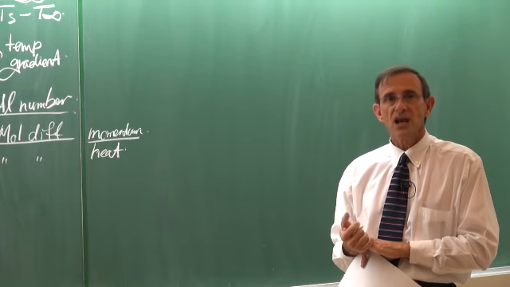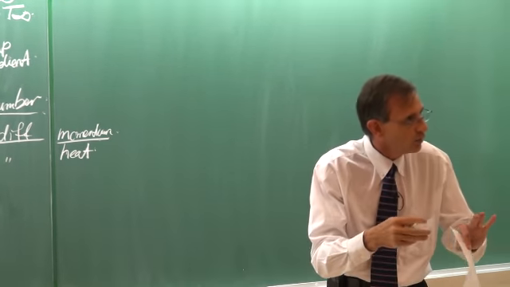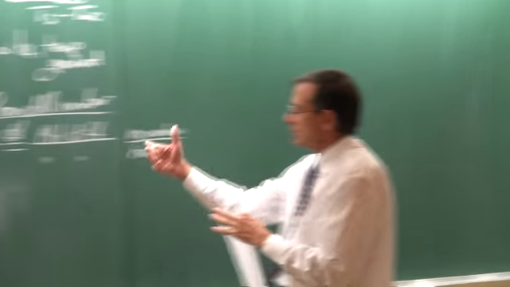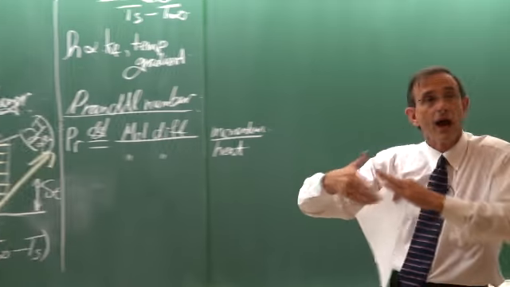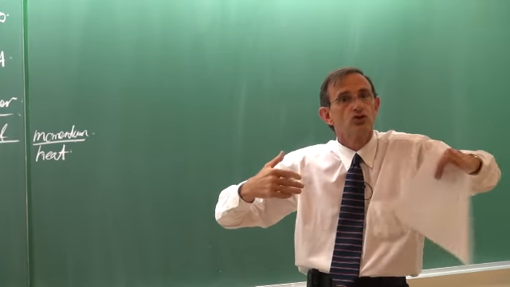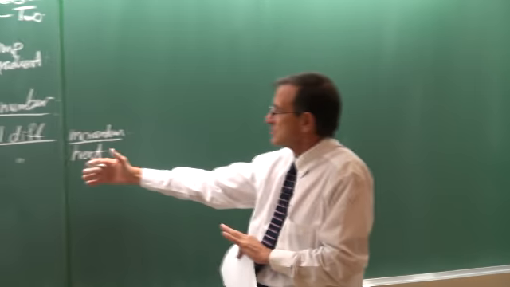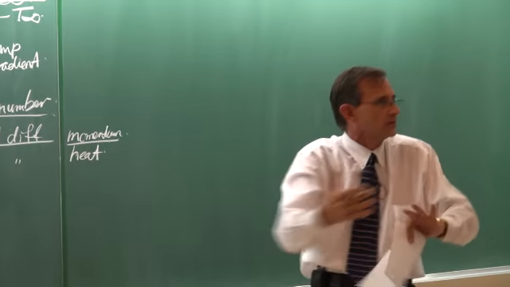Just like the Reynolds number, which is the ratio of viscous forces to inertial forces, the Prandtl number is the ratio of how fast heat would transfer because of these two things, momentum and heat.